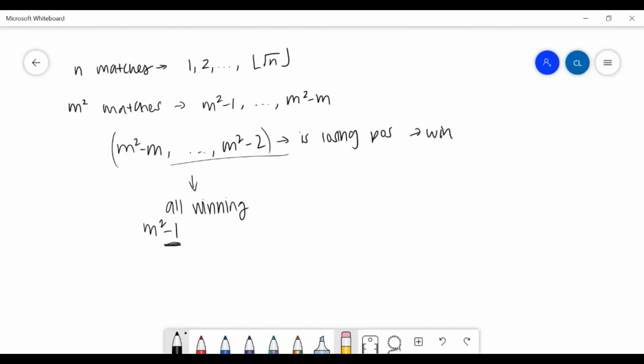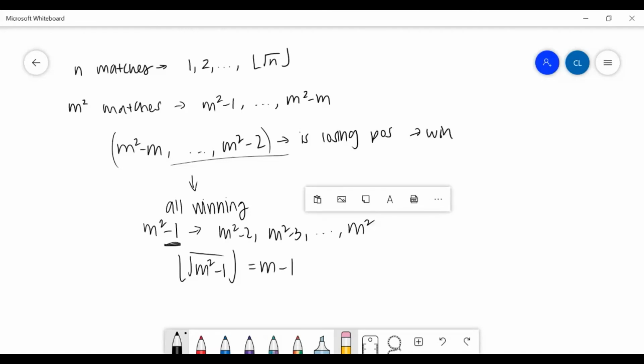And what this does is now the floor of the square root of m² minus 1 is m, right? So the second player can get to m² minus 2, m² minus 3, all the way down to m² minus 1 minus (m minus 1), which is just m² minus m.